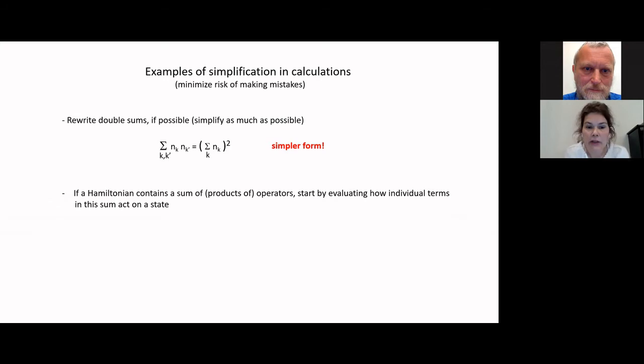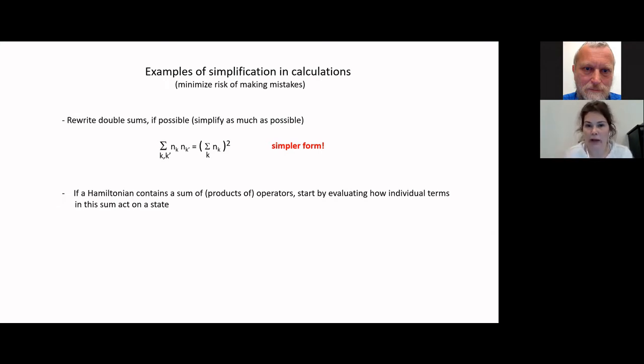If a Hamiltonian contains a sum, and this could also be a sum of operators or a product of operators, then don't become confused by this sum, which can be an enormous sum over many operators with different indices. But first of all, regard only the operators. This you will really need while doing the homework.